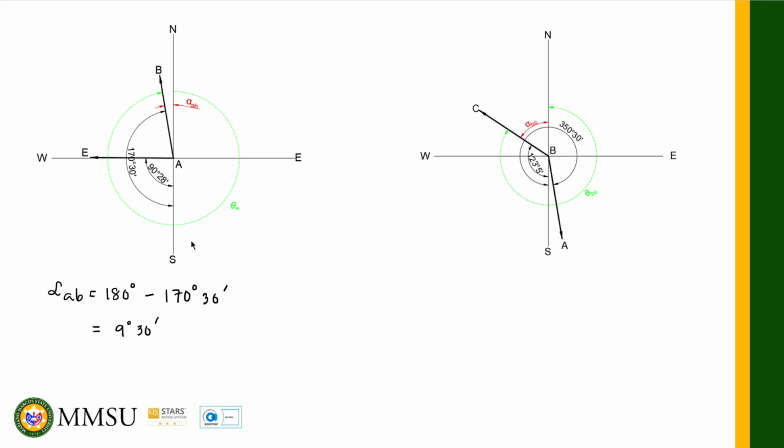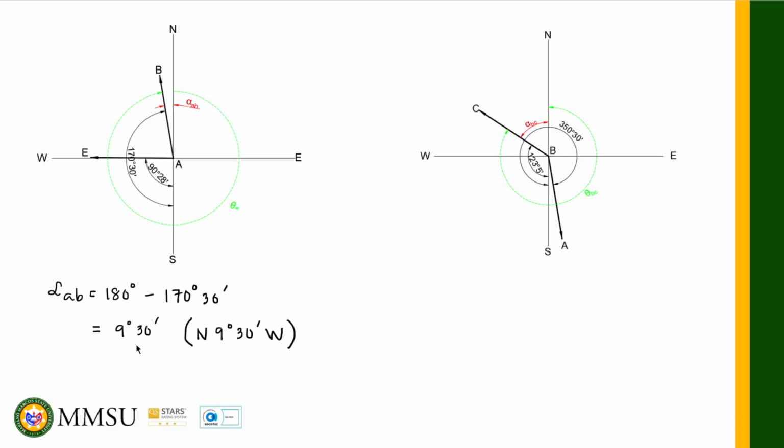Therefore, since we are from north going west, the bearing is north 9 degrees 30 minutes west. That's the bearing of AB.